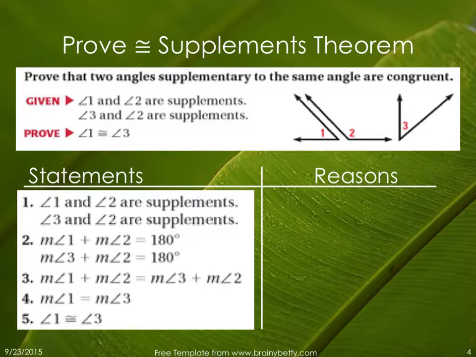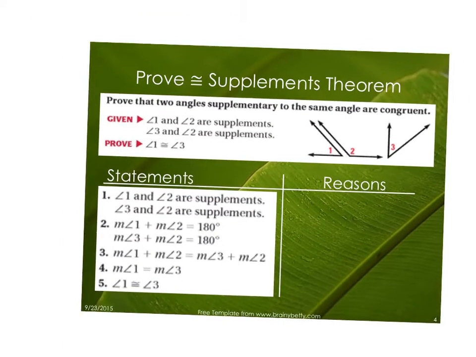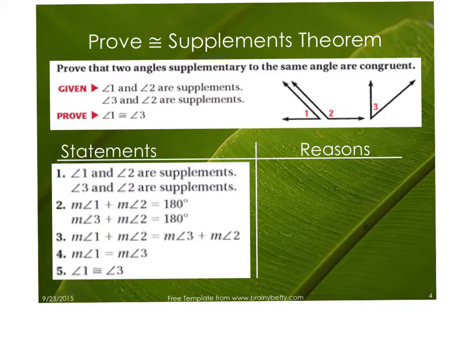All right, now we're going to prove that congruent supplement theorem. We're going to be given that 1 and 2 are supplements and 3 and 2 are supplements. Again, we want to prove that 1 and 3 are congruent. Okay, so for statement number 1, what is our reason?